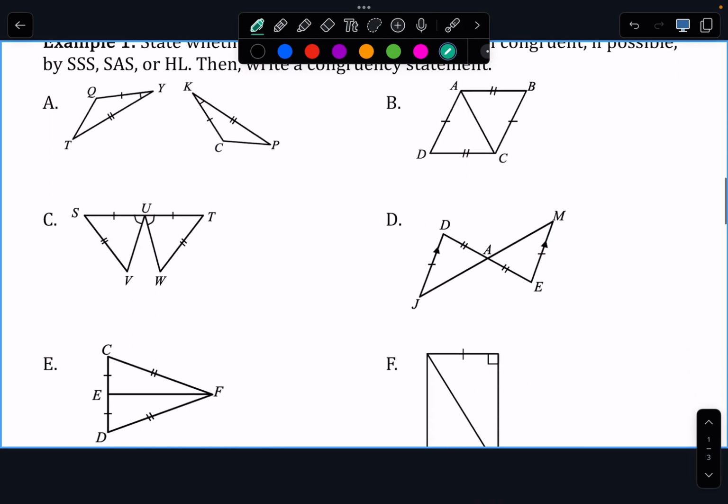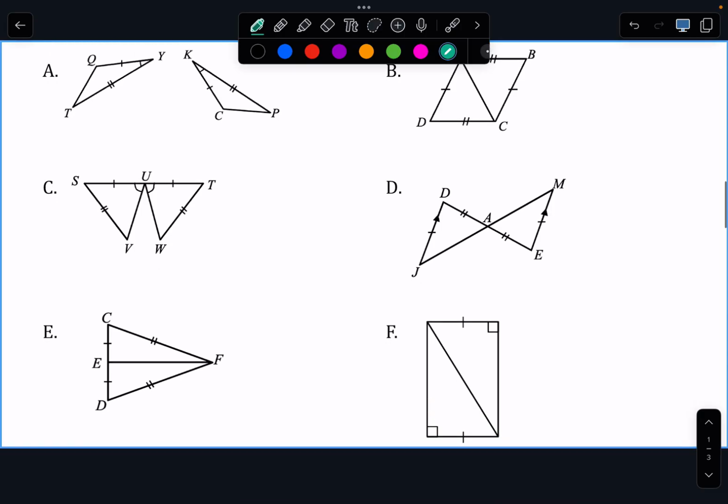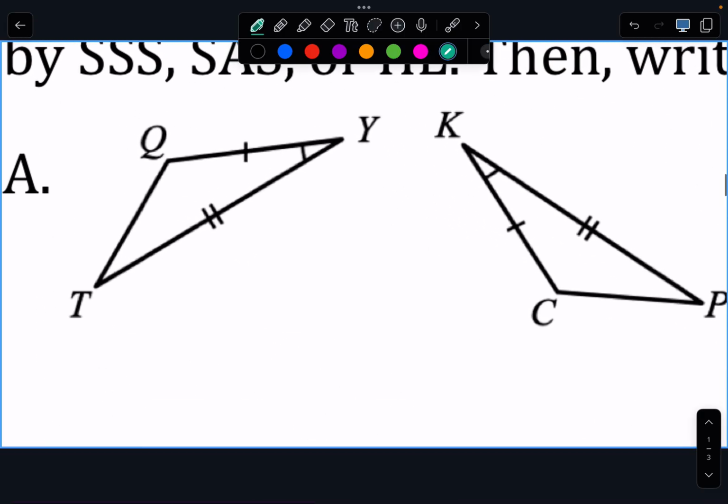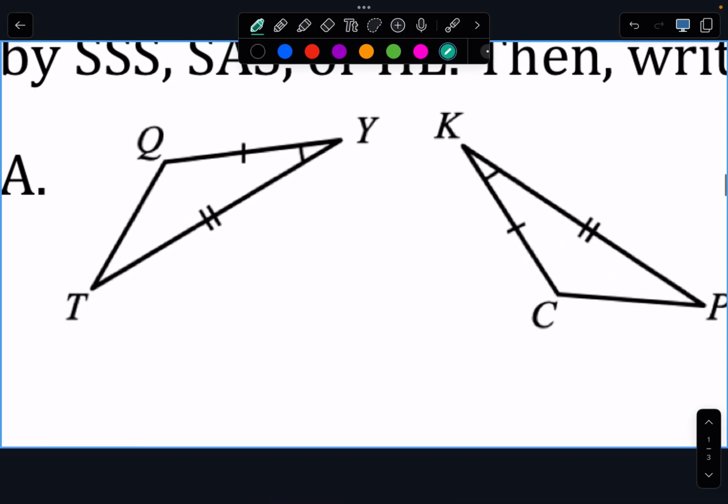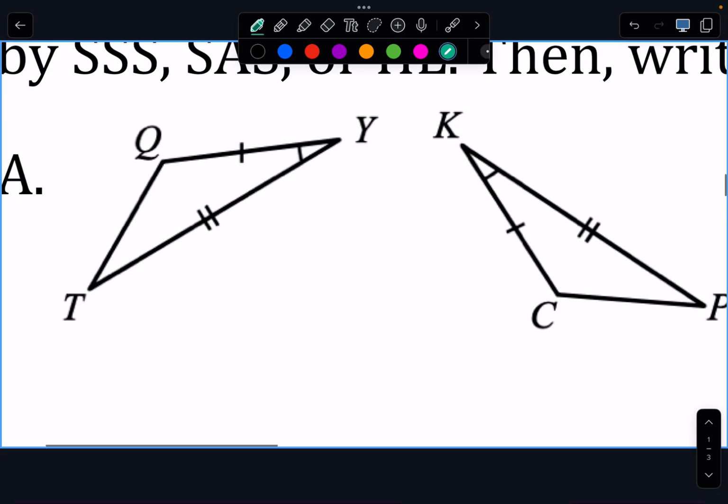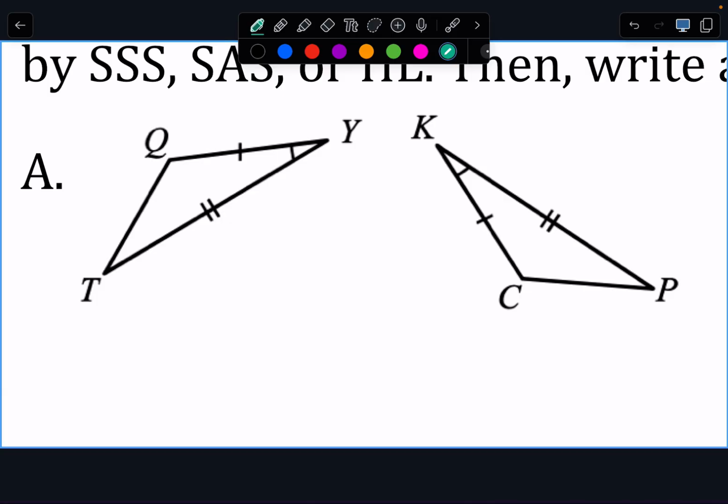Okay. So, question. Are these 2 triangles congruent? Yes. Okay.